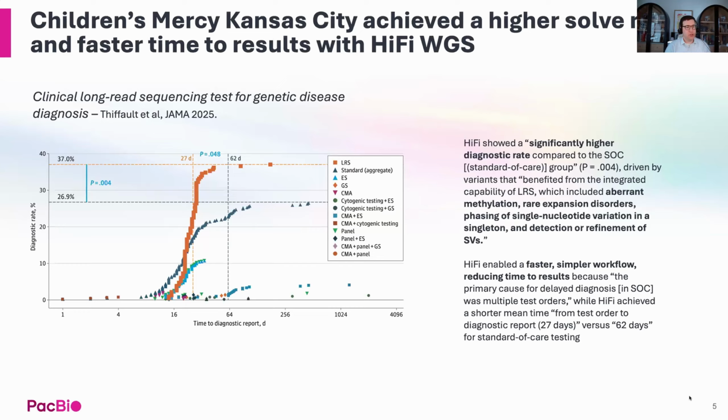And they were able to identify a genetic cause for the disease in a higher percentage of individuals using the more comprehensive genome. So here it's 37% compared to 27% for the standard of care. And importantly, they were able to do so faster because rather than doing serial testing with a bunch of different modalities, they had a single comprehensive genome with the HiFi whole genome sequencing.